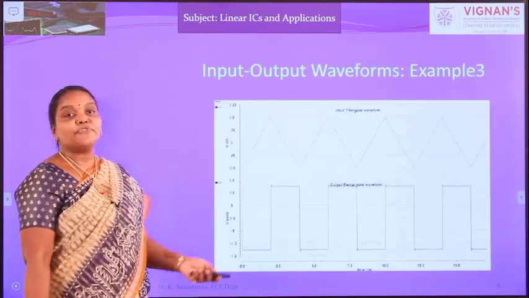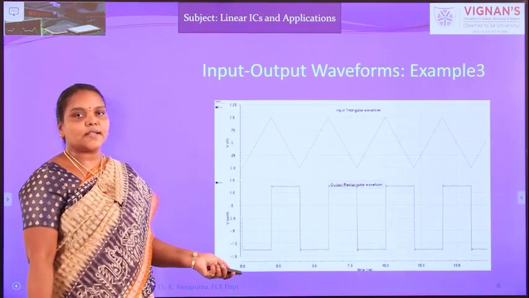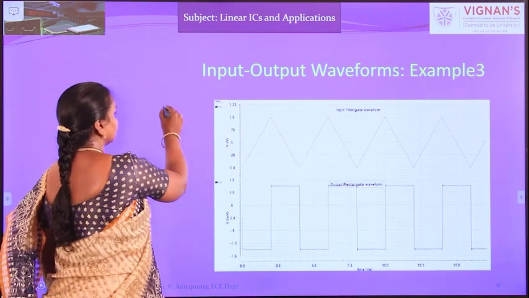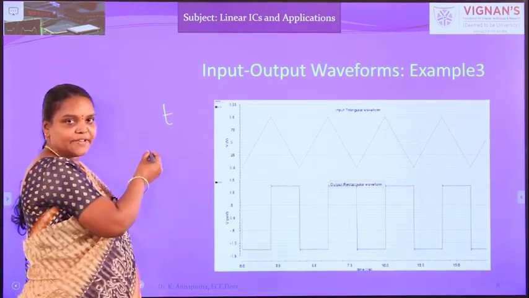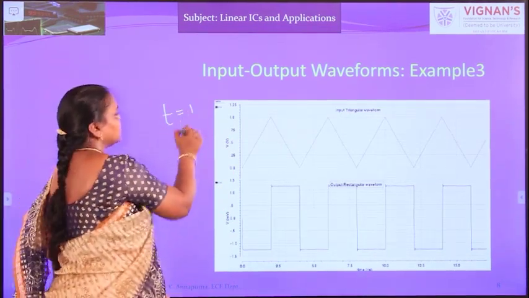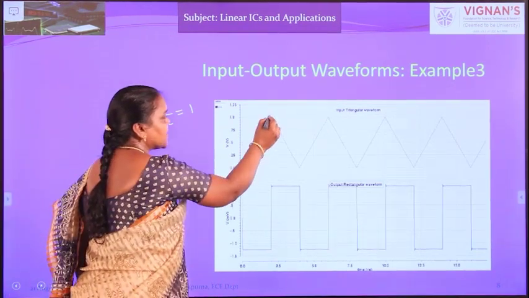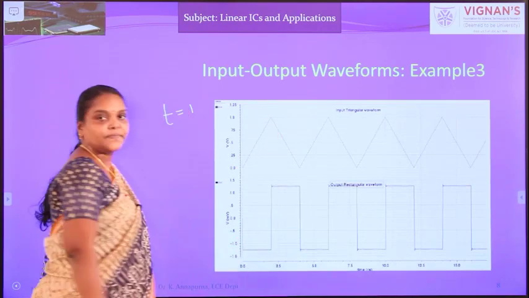And next one, if you take the input as a triangular signal, then if you differentiate t with respect to t, it will be 1. That is a constant. So here it is linearly increasing, which means you will get some constant.